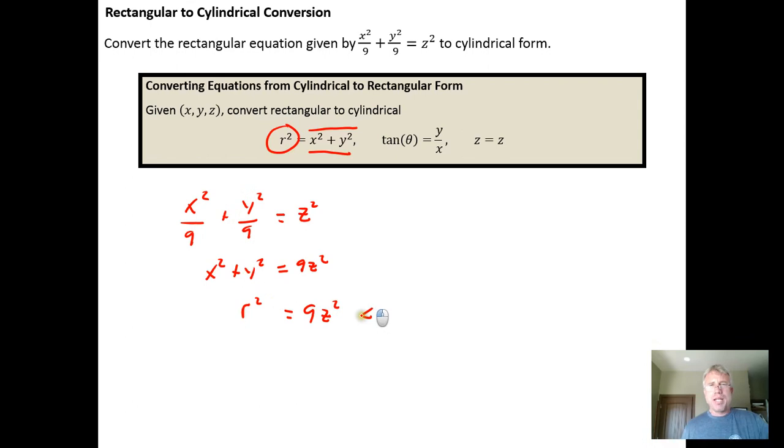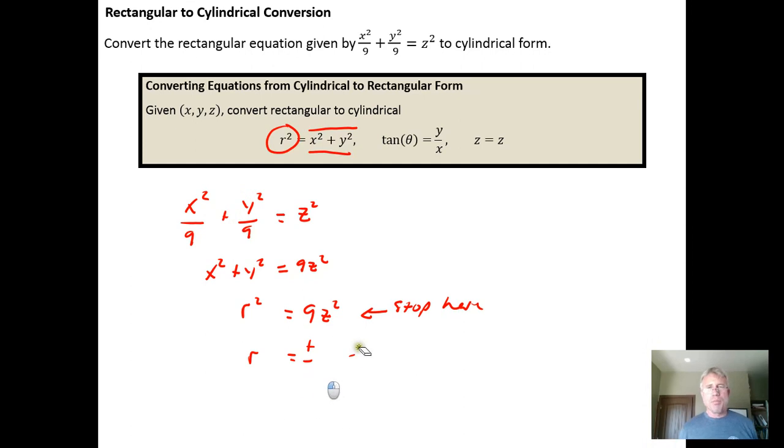And then we could stop here, or we could think about simplifying this by taking the square root of both sides. If we did that, we would get a plus or minus right here. And then if we wanted to make it just plus 3z, we'd have to come up with a justification that we're able to always select an angle that makes the radius representation positive.